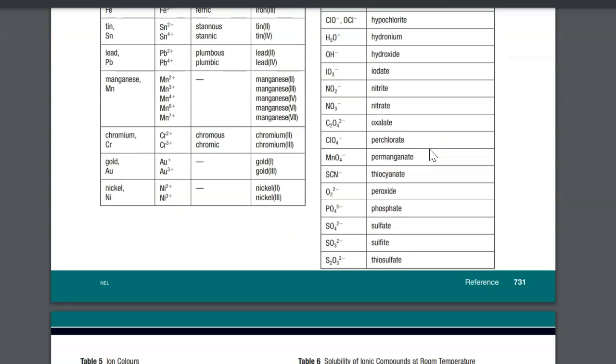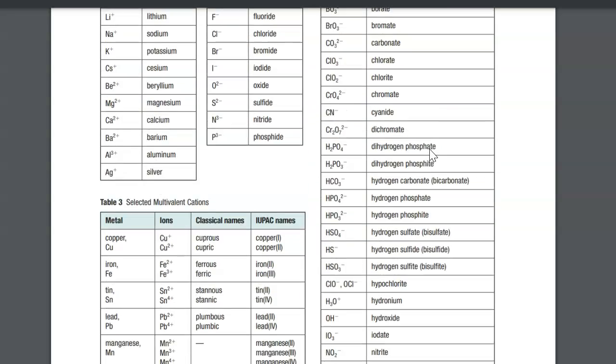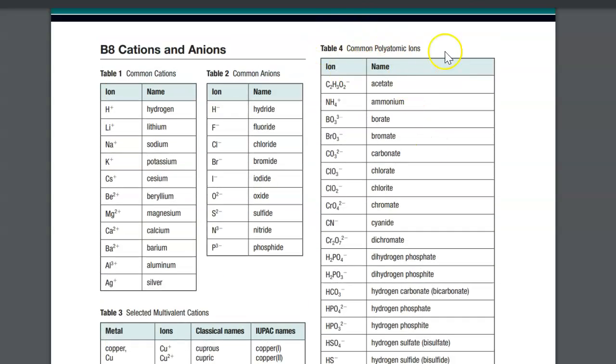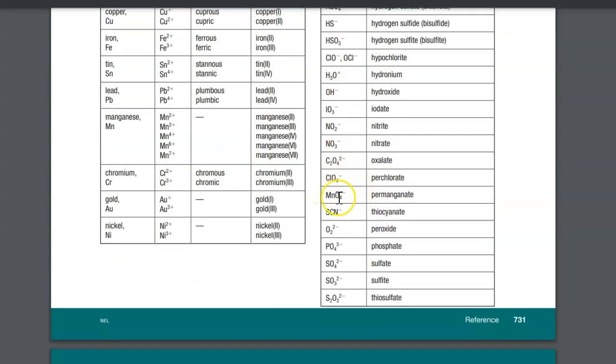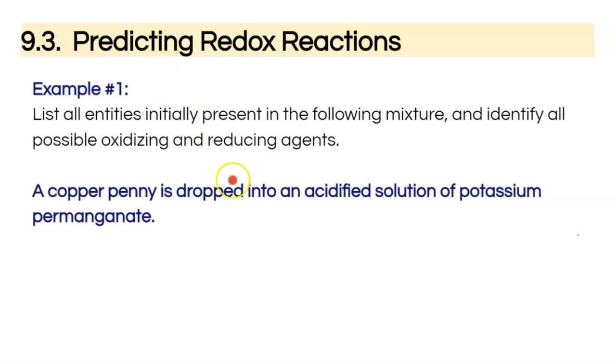On page 731 of your textbook, you'll find the list that I'm talking about. If we scroll down, we can find permanganate as MnO4 minus in case you have a hard time remembering these.